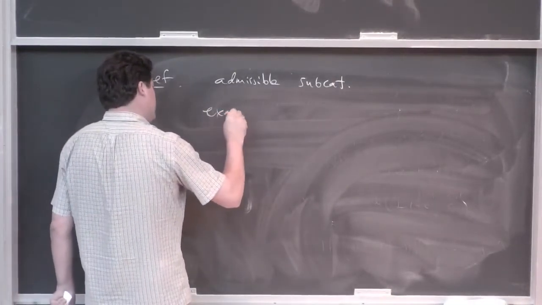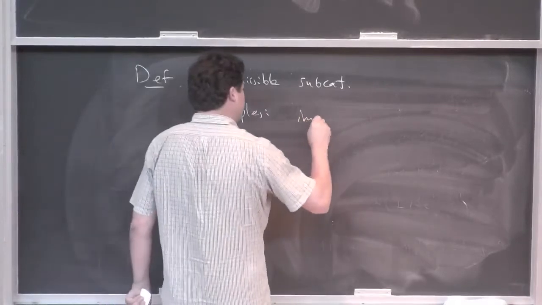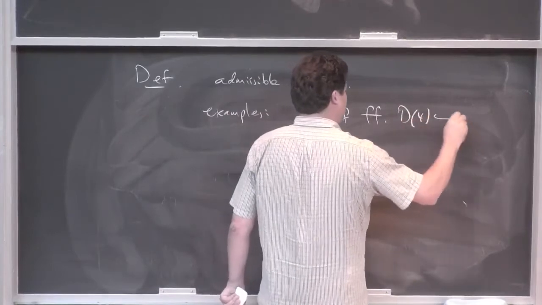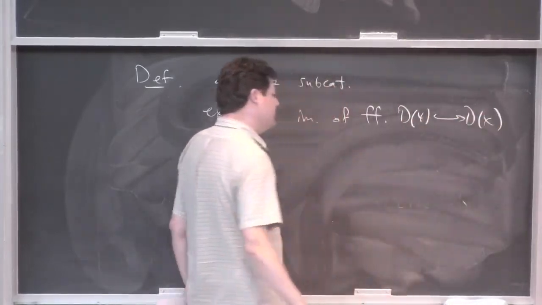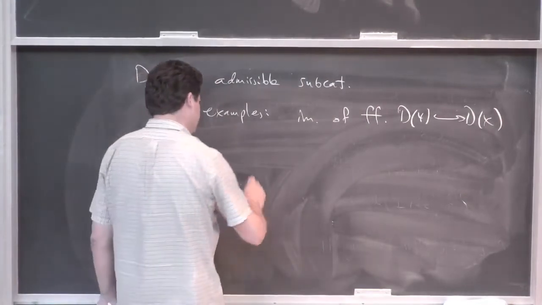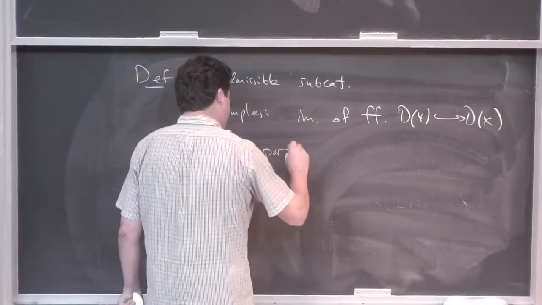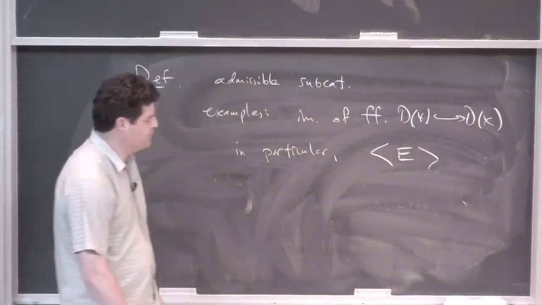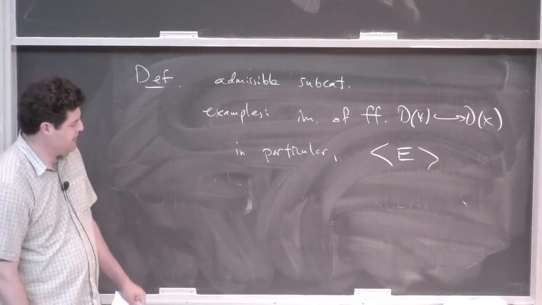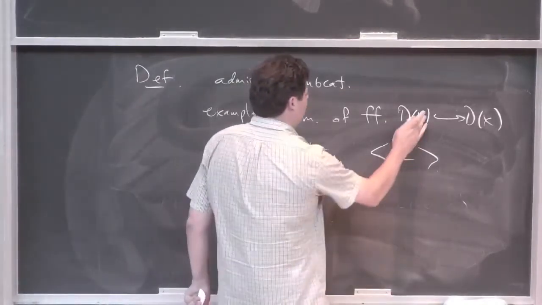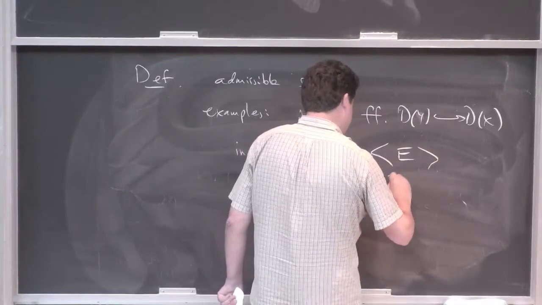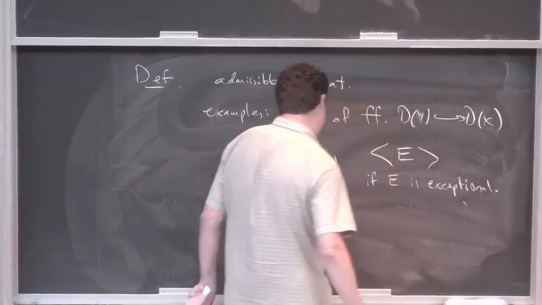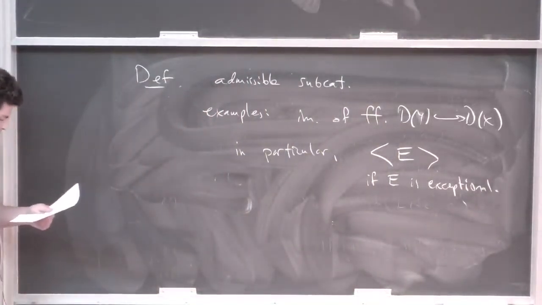Our examples were the image of a fully faithful embedding from D of Y into D of X. In particular, the subcategory spanned by an exceptional object E, because that was a fully faithful functor from a point.